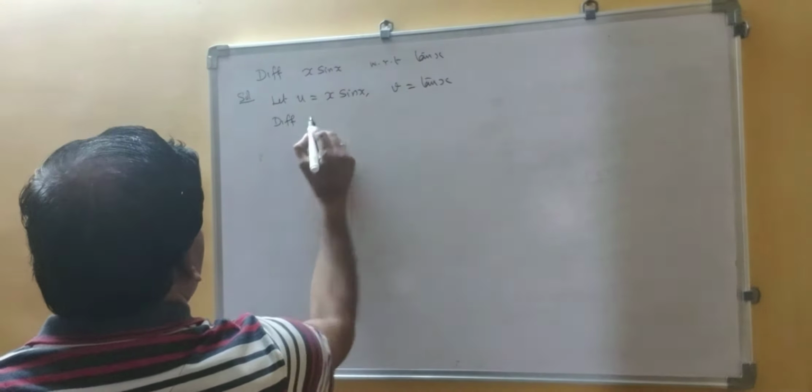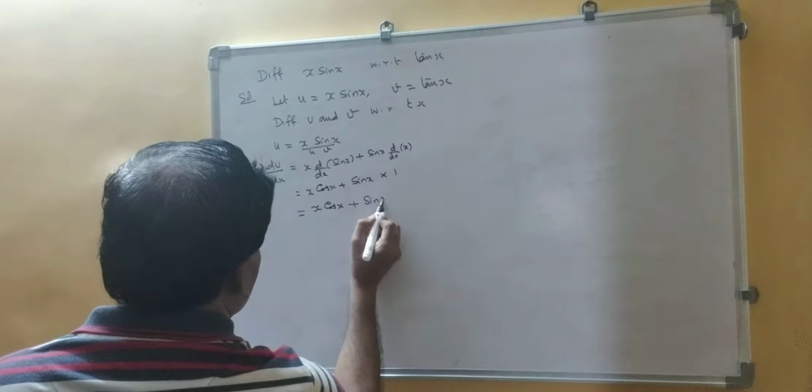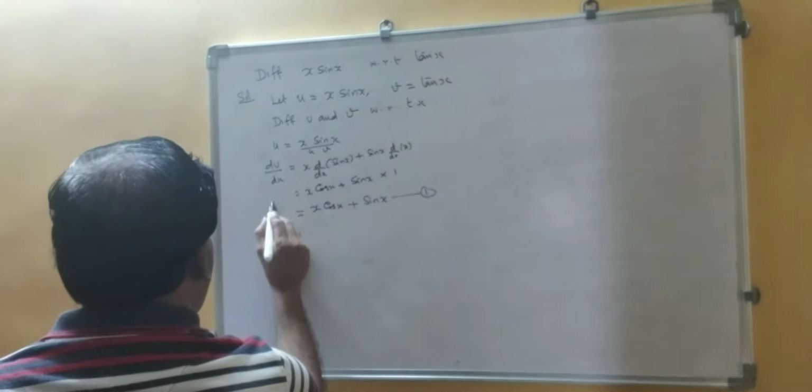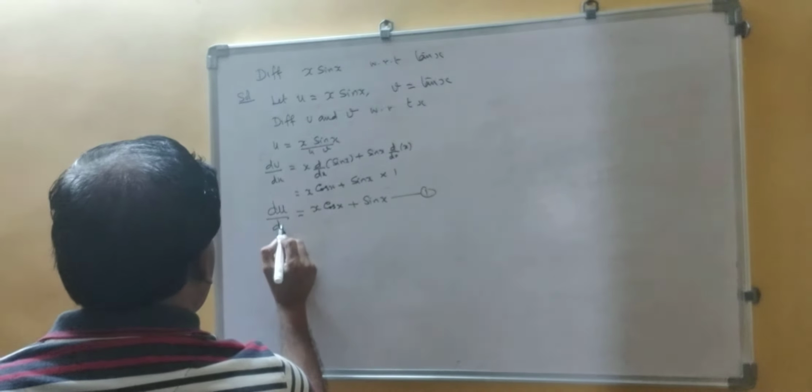So derivative of u with respect to x, by the uv method: x into derivative of sin x plus sin x into derivative of x. So x into cos x plus sin x into 1. So x cos x plus sin x. This is your du upon dx.